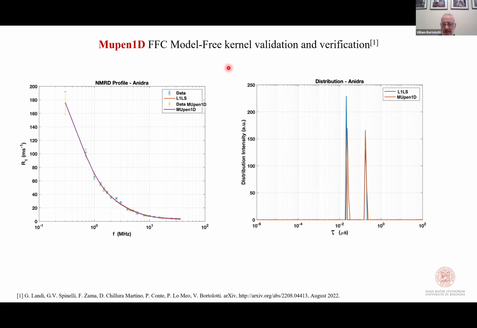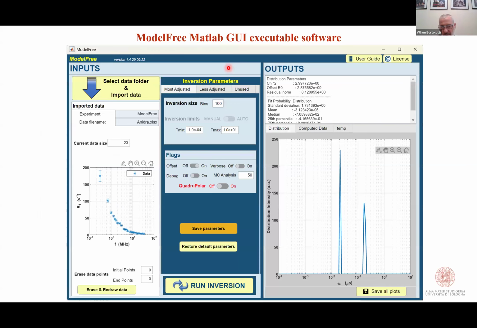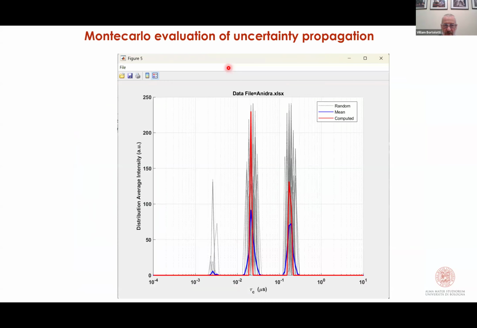This is the main core of the reasoning of the research. For this, we also developed a standalone GUI software downloadable from the Unibo site, using Monte Carlo evaluation.